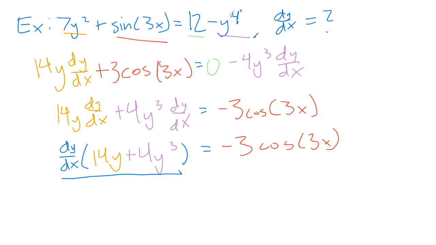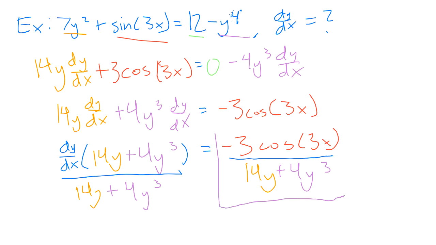So we can divide by 14y plus 4y cubed on both sides. And now since we are left with just dy over dx on one side of the equation, this will be our final answer for dy over dx.